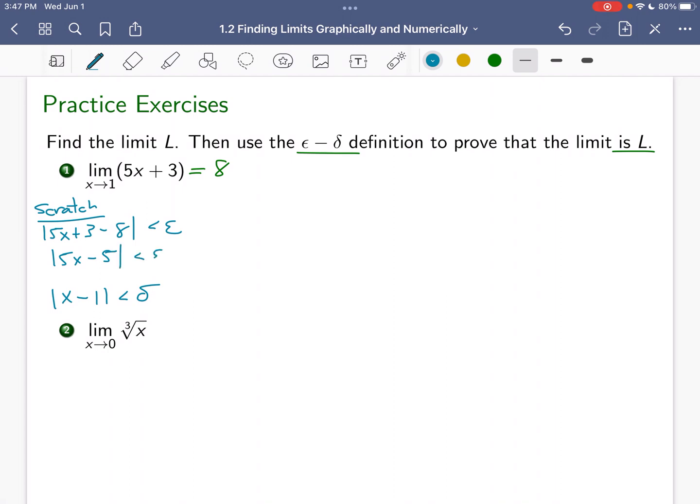And so if we clean that up, we have the absolute value of 5x minus 5 is less than epsilon. We want to get to x minus 1 is less than delta. Again, that x minus 1 is coming from x minus c. The c is the value that our x value is heading towards, so that's why that's a 1 there. And we started off with f of x minus L is less than epsilon.